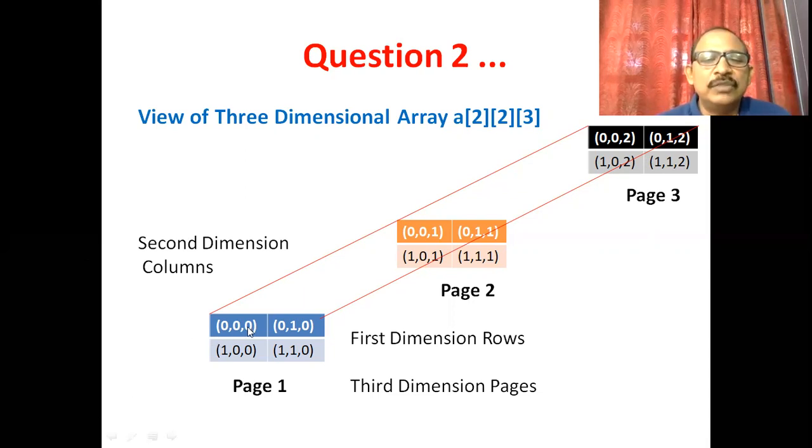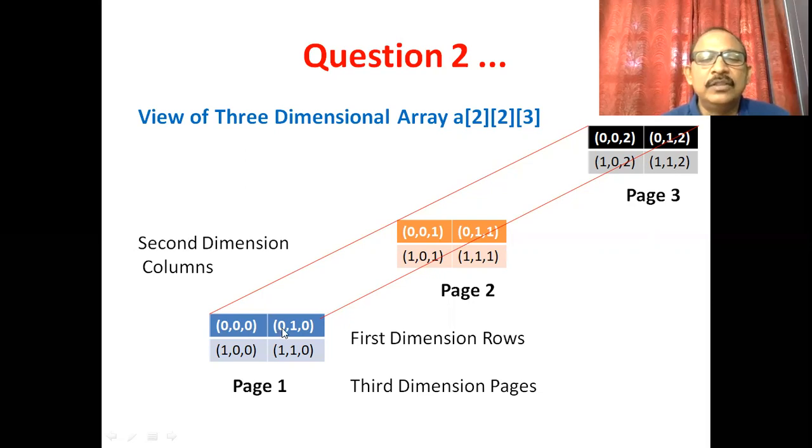In page 1, the third subscript is 0. This is the first row, so row is 0, column is 0 and page is 0.